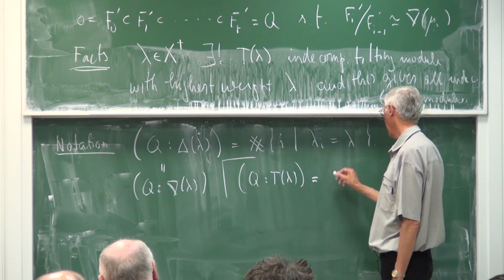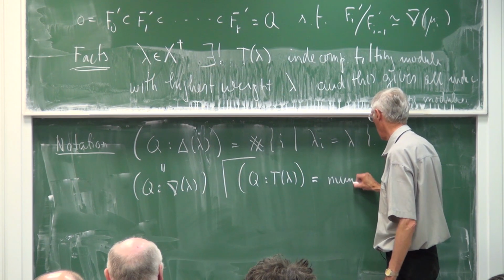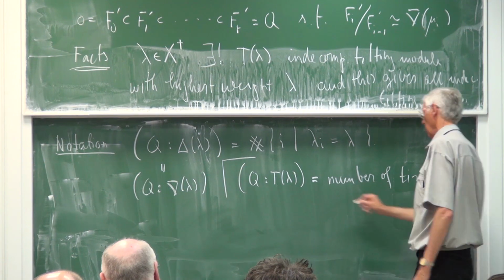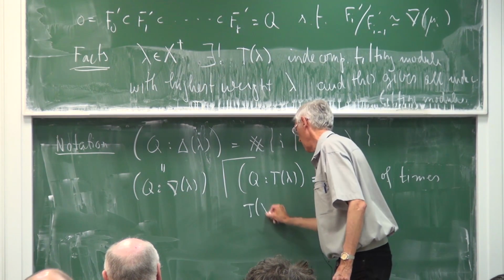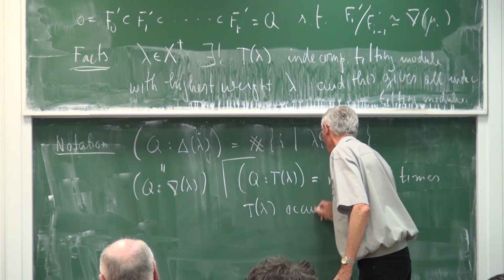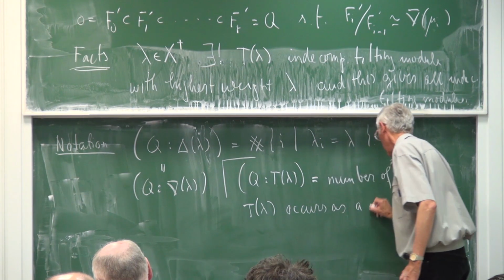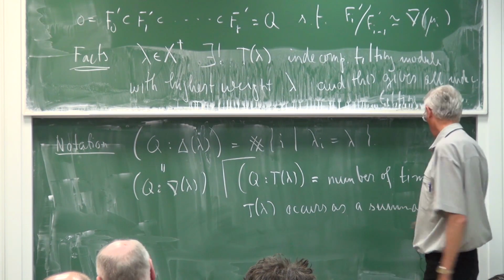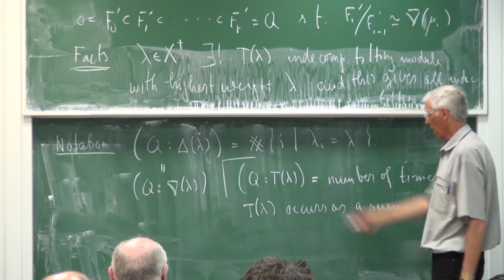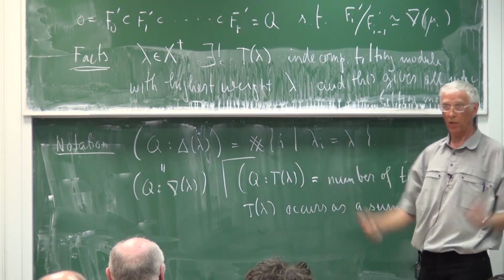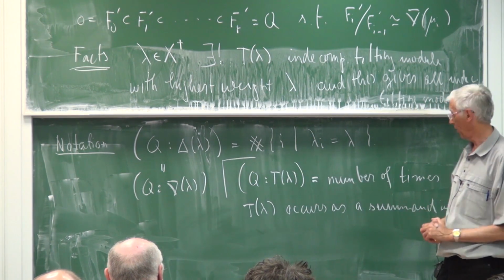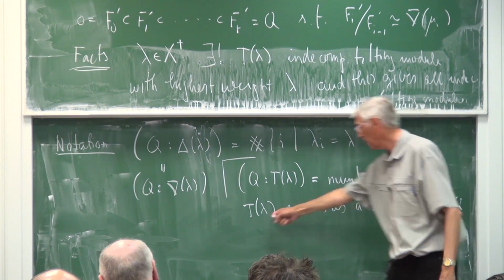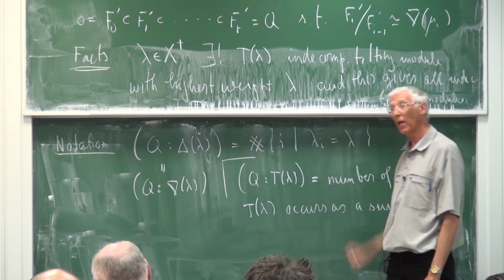So this is the number of times T lambda occurs as a summand in Q. Remember that Q does decompose into a direct sum of various indecomposables, so I just count how many times my favorite T lambda occurs, and I denote it by this number.